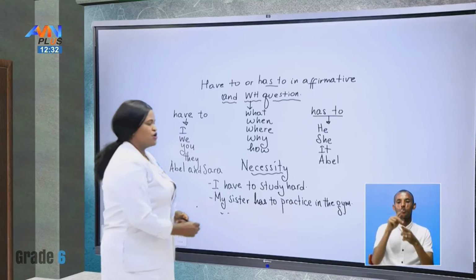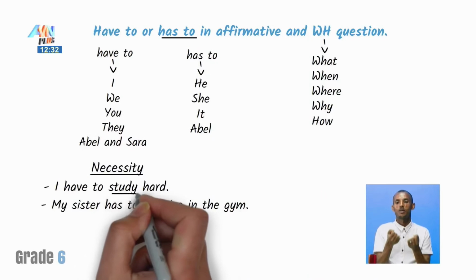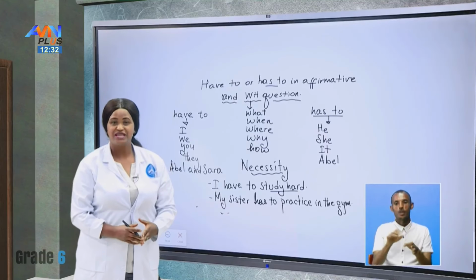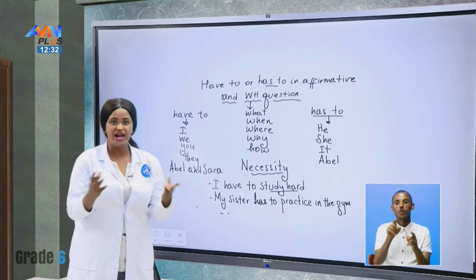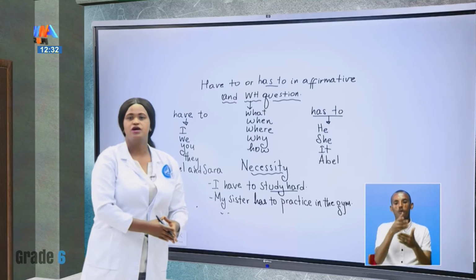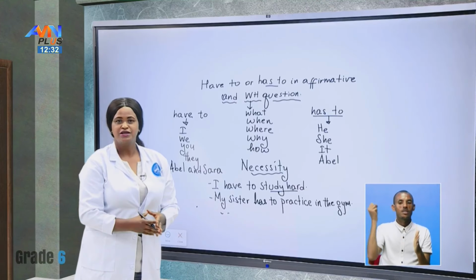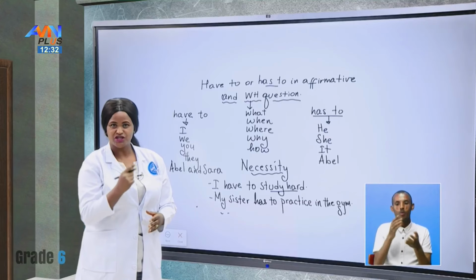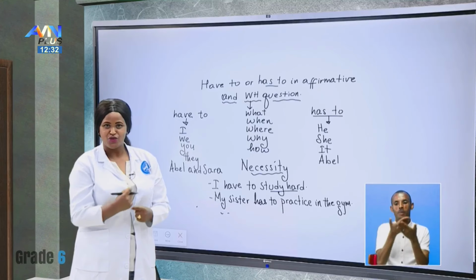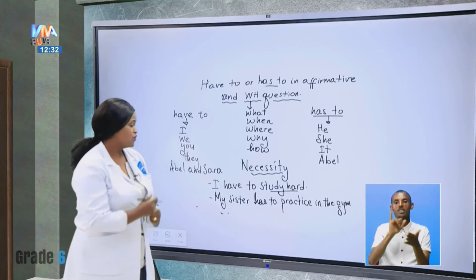That means for you to study hard is what? Is necessary because you want to pass your exams, yes? Or you want to improve your rank, right? For example, if your rank on the first semester was third, then you want to be the first. In order to achieve that goal, something is necessary. What is that? To study. So, what do we say?